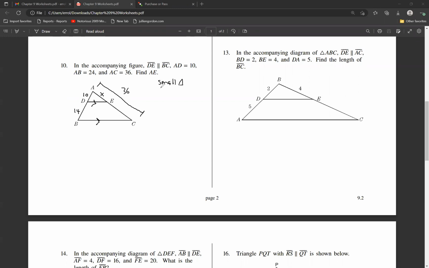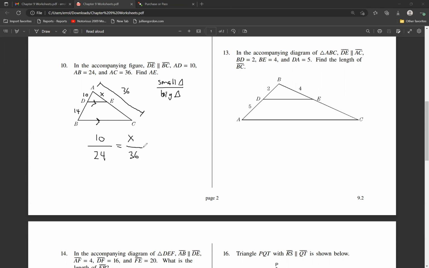What's the ratio? 10 over what? There's a small triangle, this little bit. What's this whole thing? 24. Okay, equals what? Small over big. X over 36, right?